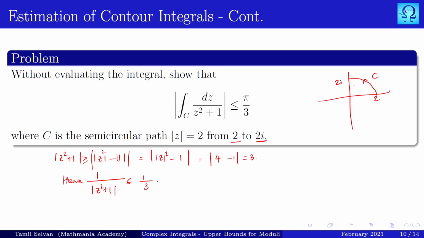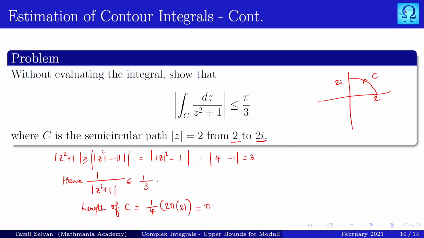So what can be the length? We'll have to calculate the length of a quadrant. We know that the perimeter is going to be 2 pi r. Here we are taking only the quadrant. So the length of C is nothing but 1 fourth of 2 pi r, and r is 2 here, since the absolute value of z is given to be 2, and this 2 is the radius here.